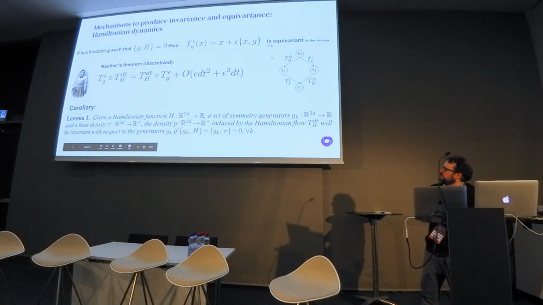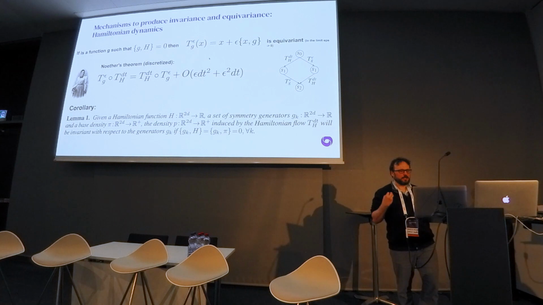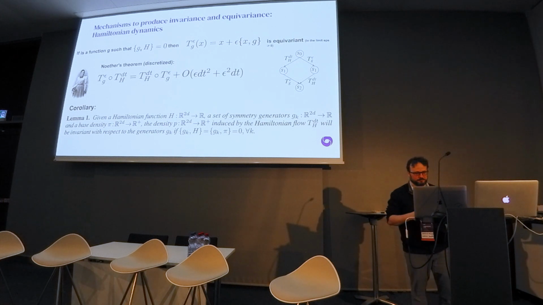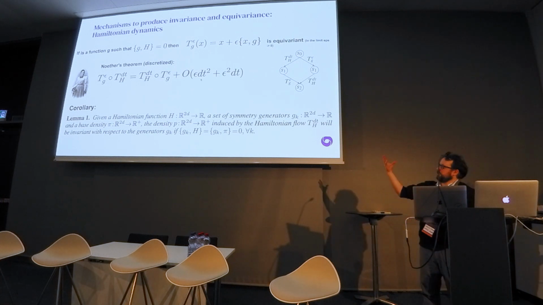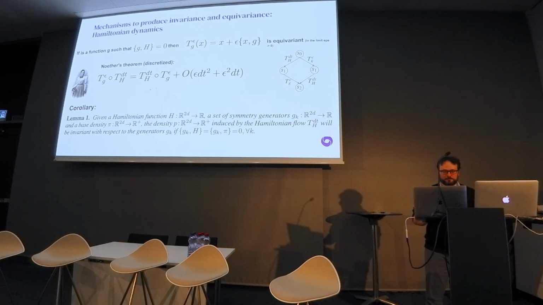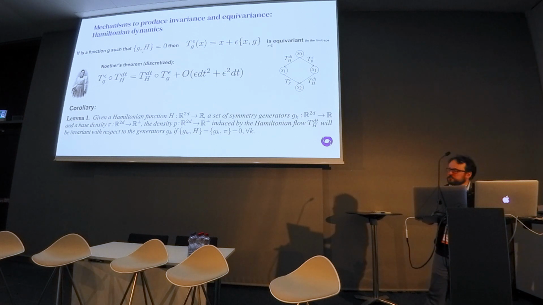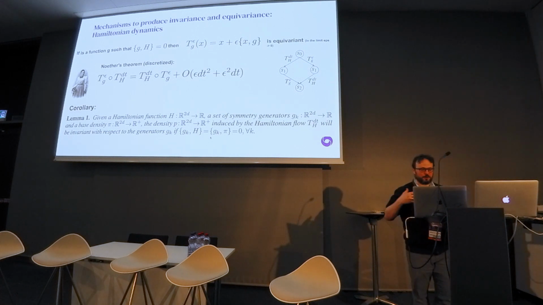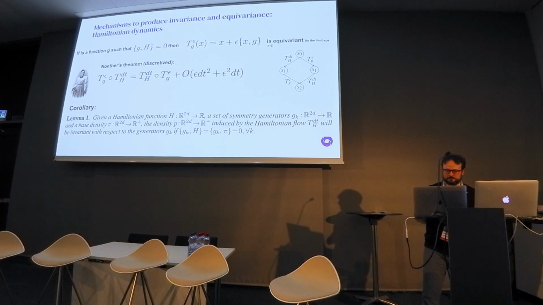We can put these things together in a very simple result, which is that if I have a collection of such functions G that express the infinitesimal symmetries of my problem, I can translate another theorem to machine learning by saying that if I can build a normalizing flow from the Hamiltonian dynamics such that this property is valid, and I start from an initial density that itself is invariant, like what is expressed by this equality, these two things are sufficient conditions for me to build a density that itself is invariant.